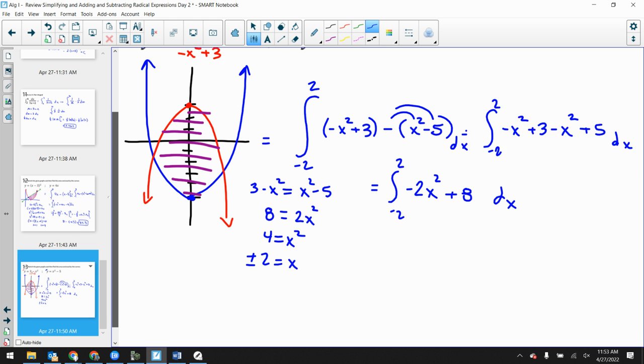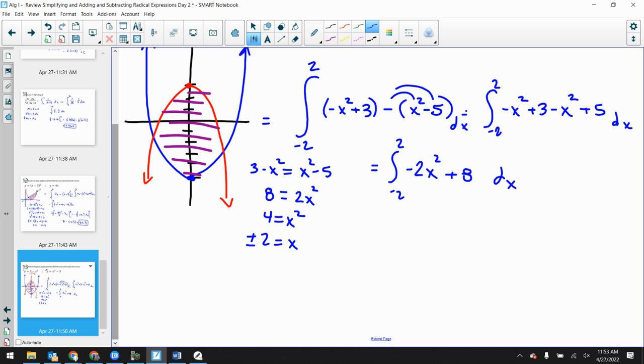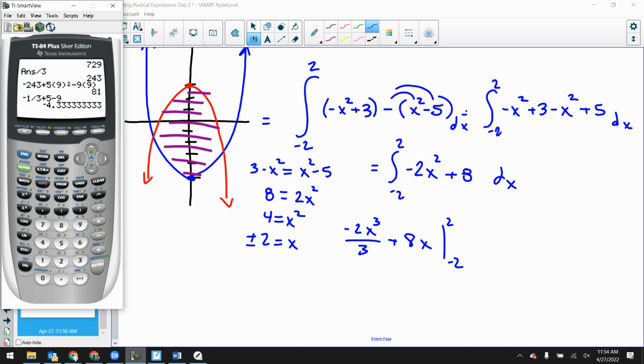And now we find the antiderivative. So that is a negative 2x to the third over 3 plus 8x from negative 2 to 2. Okay, top minus bottom. Negative 2 times 2 to the third, or just 8, divided by 3, plus 8 times 2, or just 16.